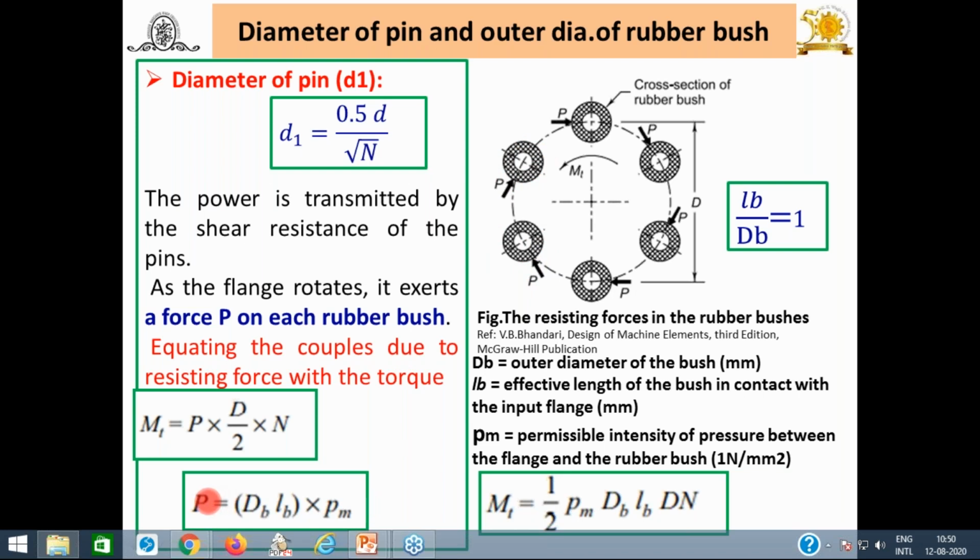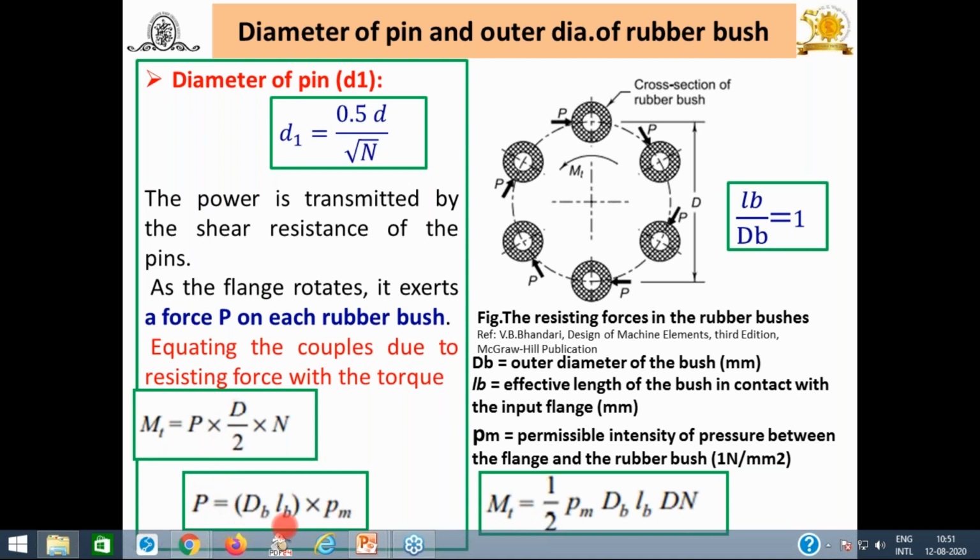How to find this? Force upon area is equal to the permissible intensity of pressure between the flange and rubber bush. Try to understand, because this rubber bush is inserted in the input flange. How are you going to correlate this?